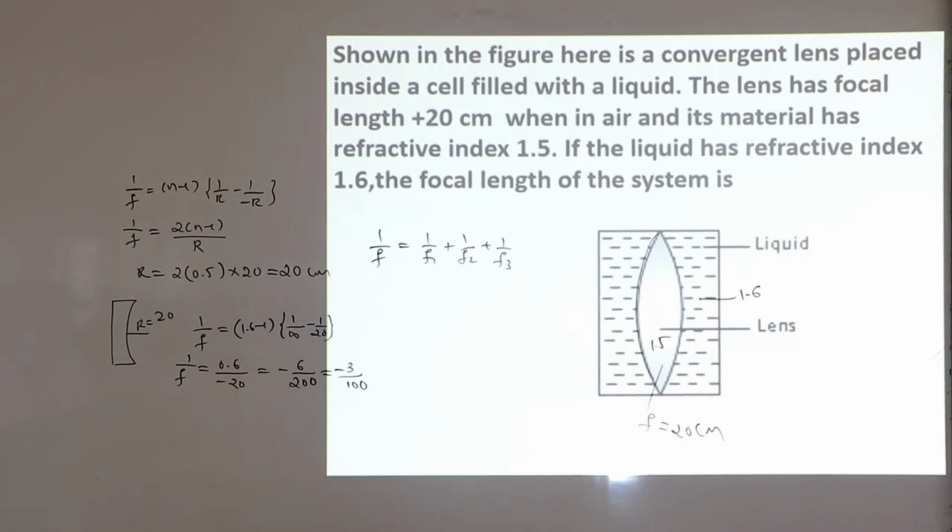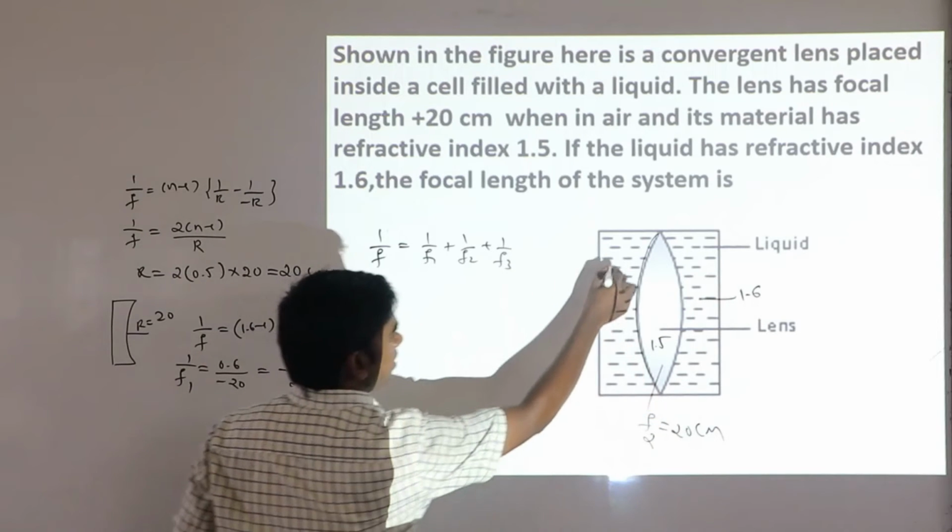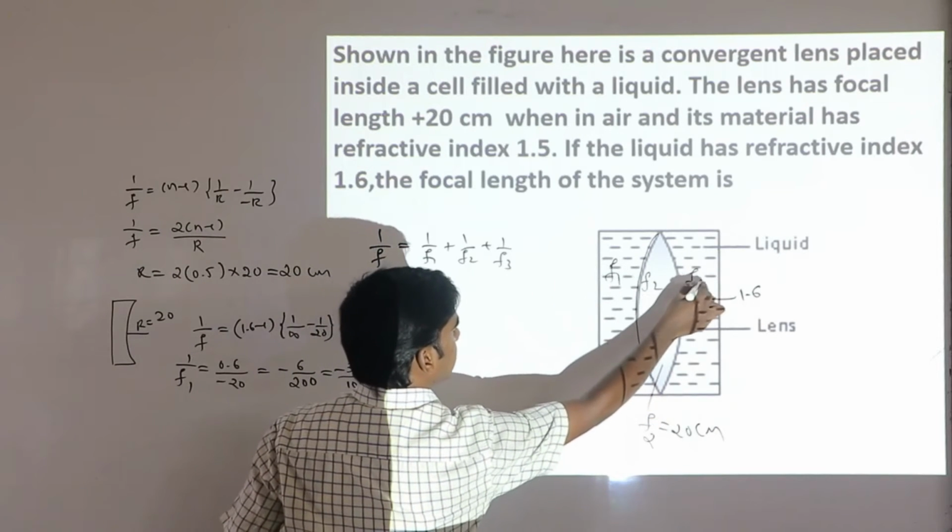This is 1/f1. We already know f2 is 20. I will take this as f1, this as f2, this as f3.